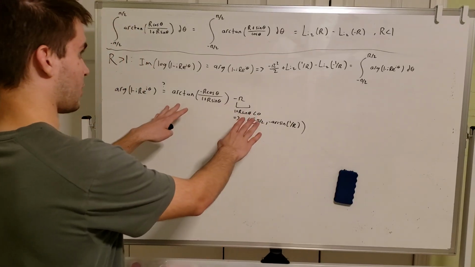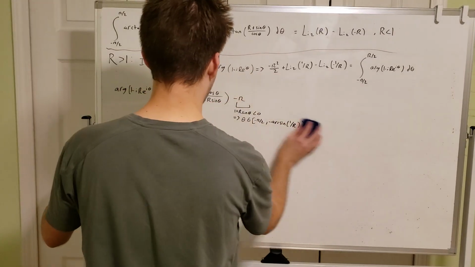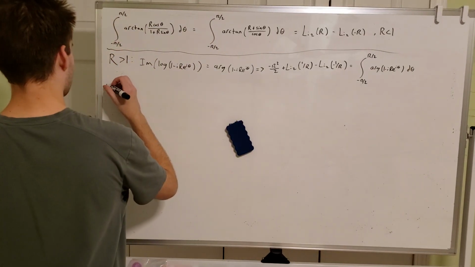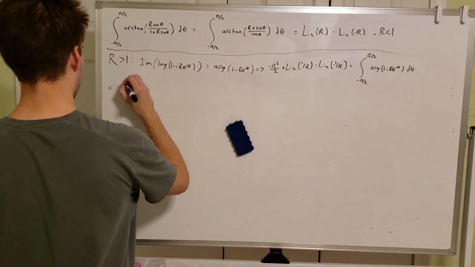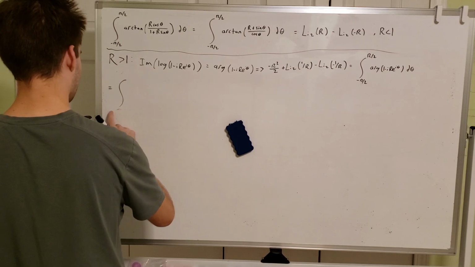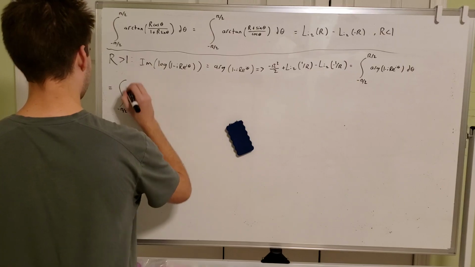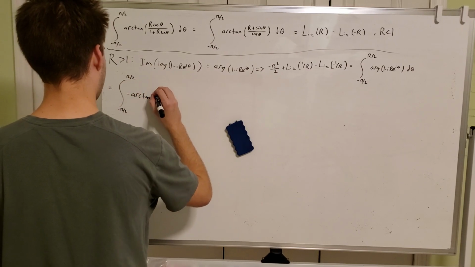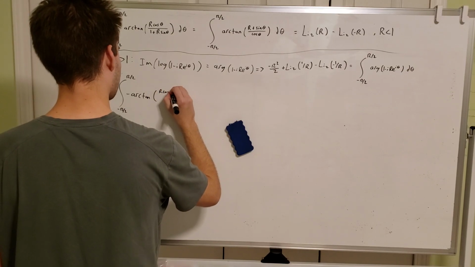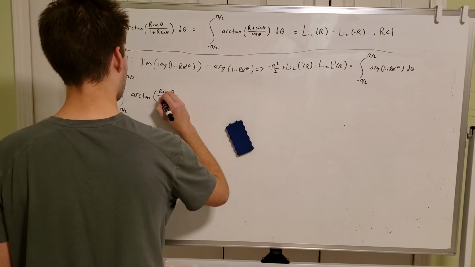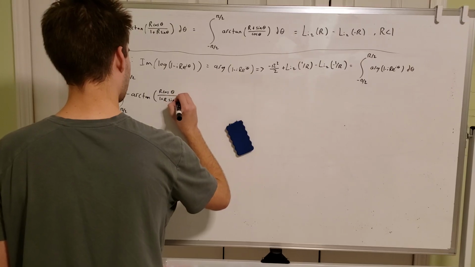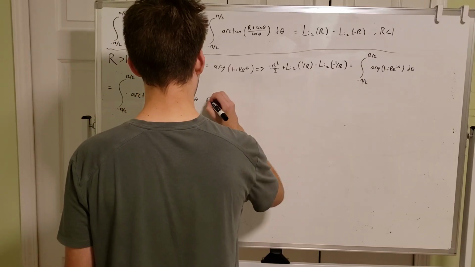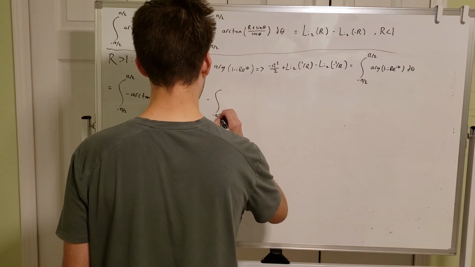So now we have a full expression for the argument, so let's plug that in. This is the same thing as the integral of our arctangent, which after pulling out a minus is this. And then minus the integral from minus pi over 2.